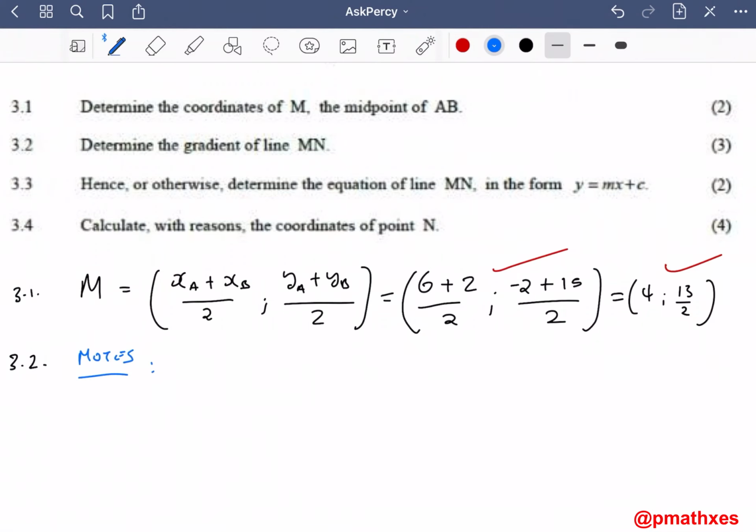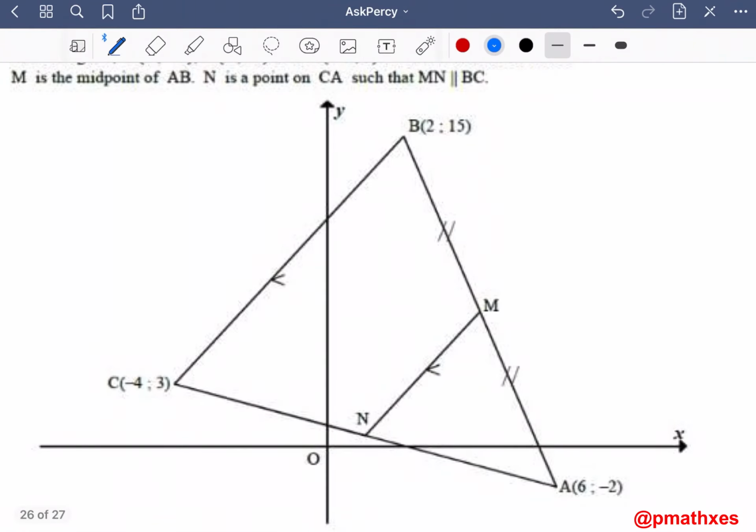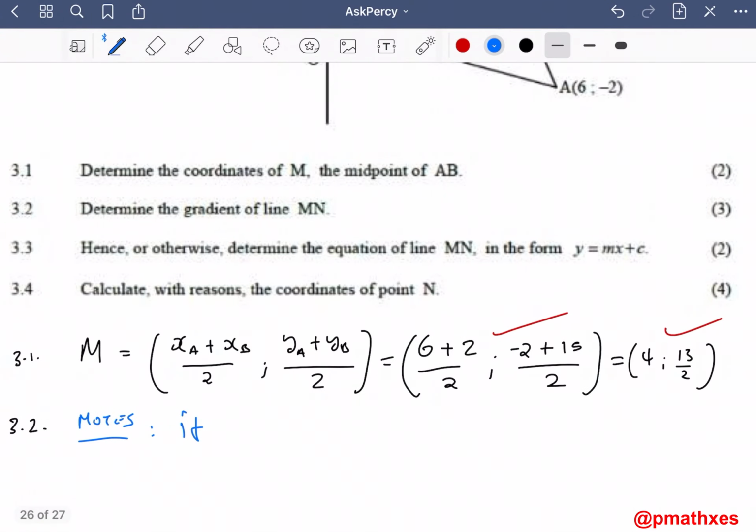So note: if two lines are parallel, for example line BC is parallel to line MN, therefore their gradients are equal. They have the same gradient. So if line 1 is parallel to line 2, then the gradient of line 1 is equal to the gradient of line 2.